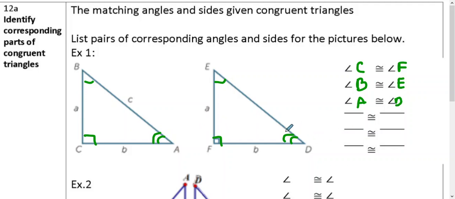In addition to all of the angles being congruent in congruent triangles, these sides are also congruent. So this here side A would match up, and if we go ahead and name them in our original triangle, this would have been side BC, and in our new triangle that's congruent to it, we have EF.